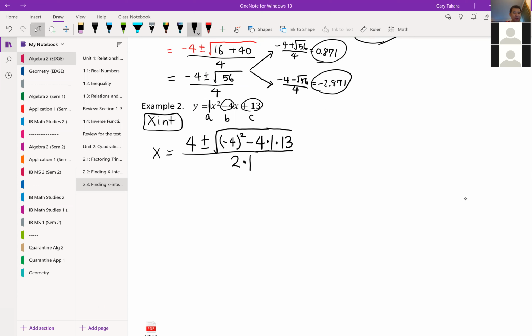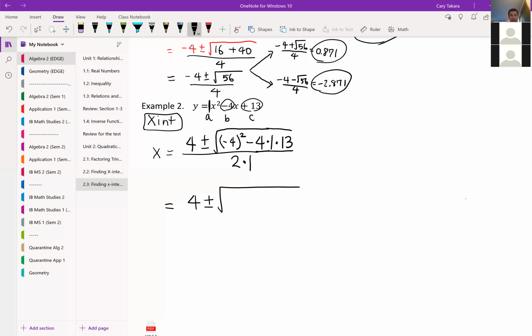Now let's simplify. Now what's (-4) squared? Negative 4 in parentheses squared means that it's negative 4 times negative 4, isn't it? So it is not negative 16 actually, but negative 4 times negative 4 will be what? What's a negative times a negative? Yeah, it is, isn't it?